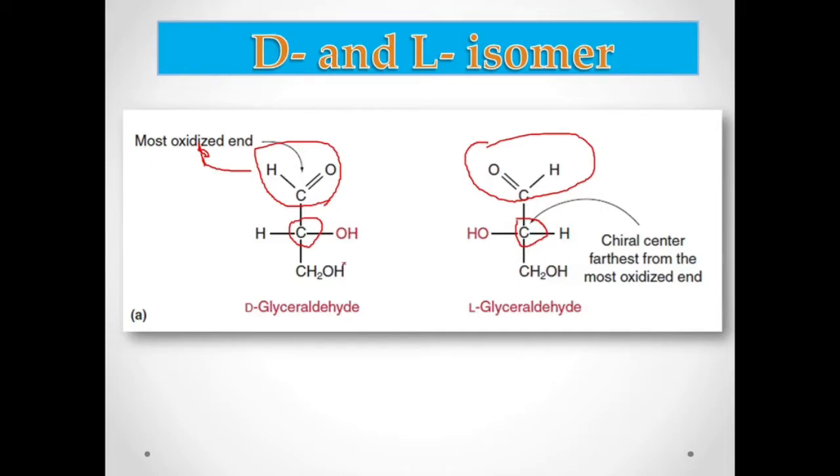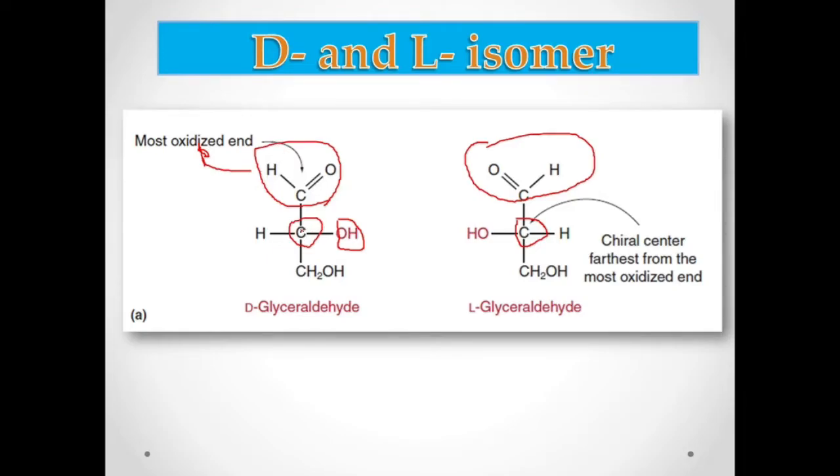So how do you know if it is a D or an L? By just looking at the OH on the last chiral carbon, or the chiral carbon that is farthest from the oxidized end, or the most oxidized end.